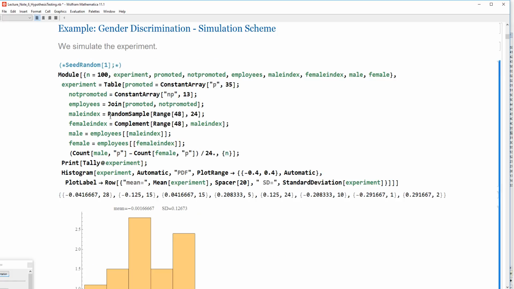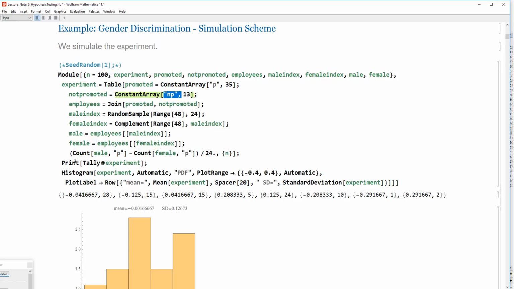What I'm doing is the following. I know we had 35 promoted and 13 not promoted files. So I just create a list of 35 letters P for promoted and 13 NPs for not promoted. So that's a list of 48 strings, 35 promoted, 13 not promoted.